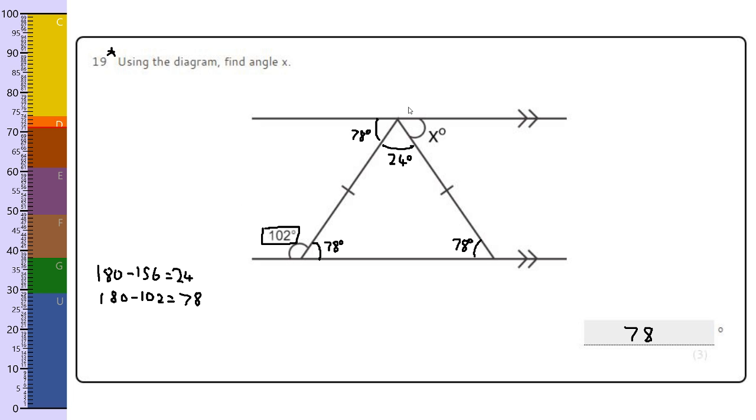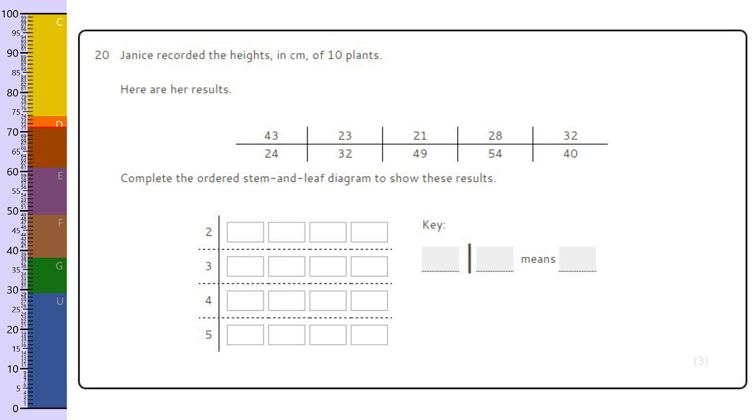You'll notice also that this is symmetrical down the middle. So that's 78, that's 78, that's 78, that's 78, that's 102, and that one there would be 102. But you don't necessarily know how to prove that. You've got to find these angles out, and then you'll notice that it is perfectly symmetrical. Okay, let's move on to question 20. If you'd like to pause the video now and have a go.